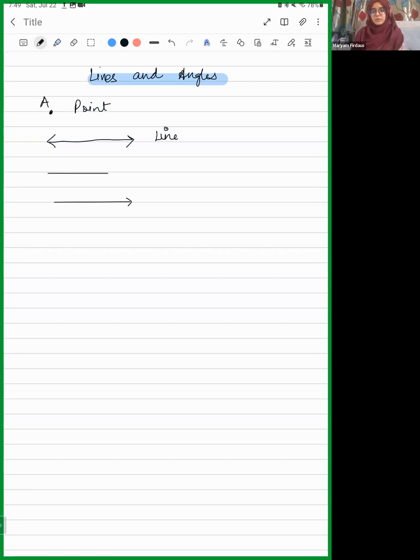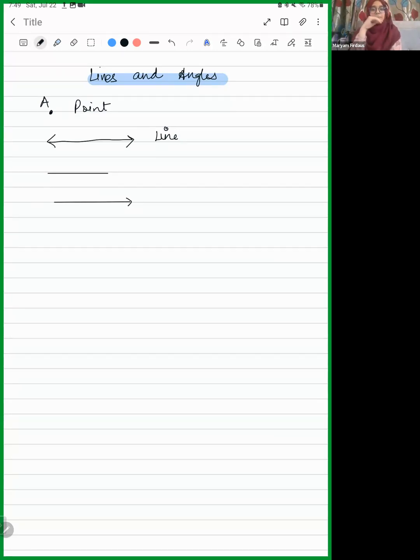Help her out. What are these three things? Abdul Jabbar, Munir, Zain. So the first one is a line, we know that. What is the second one and what is the third one?